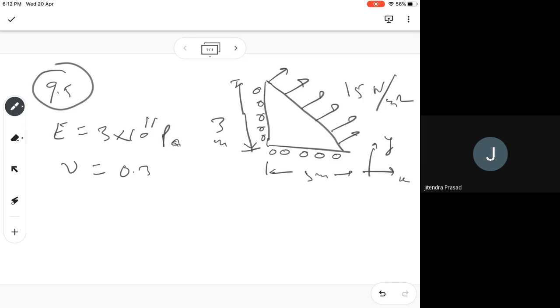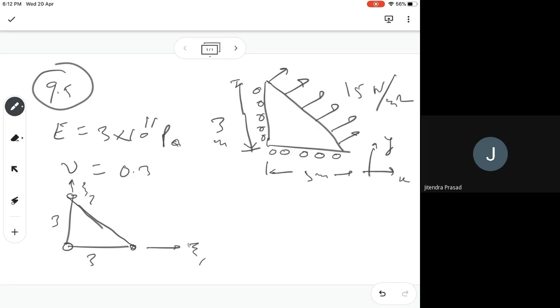As far as the triangular element is concerned, we already know how it looks. So you have a 3 noded element like this, and what is given is 3 meters here, 3 meters here. You can find out k, and also you can use the xi 1 and xi 2 system as well.